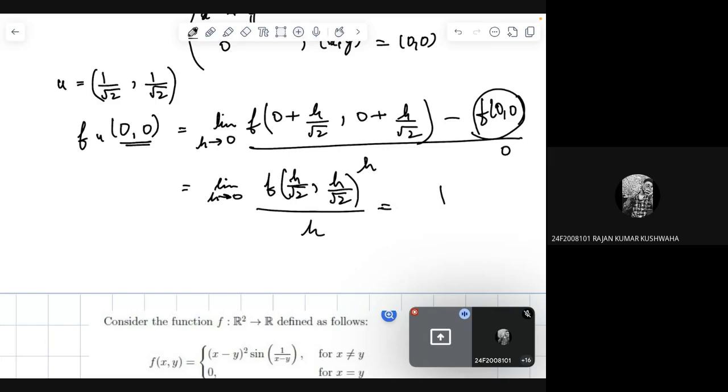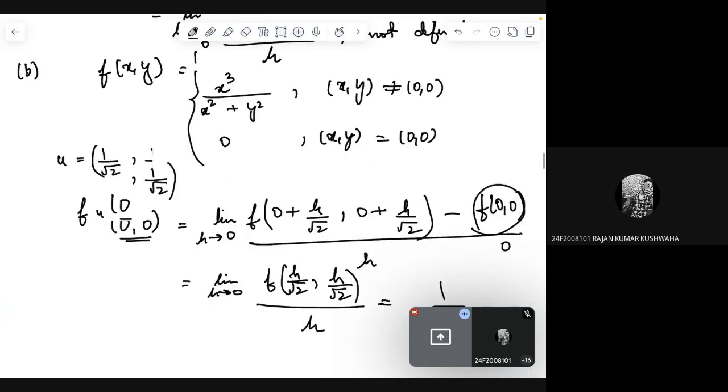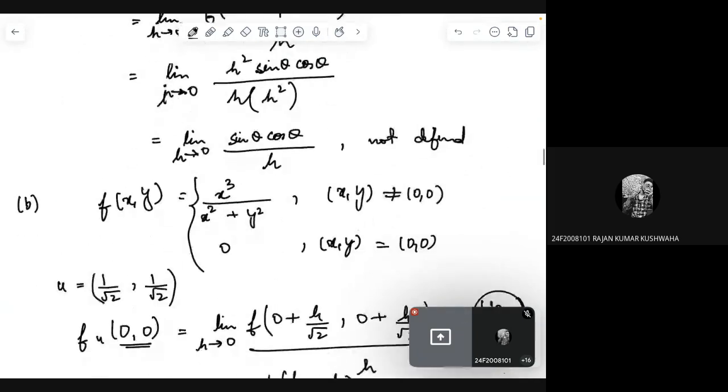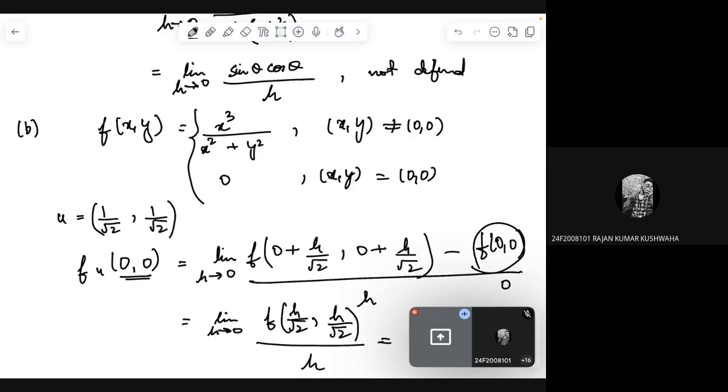And you can solve it and see that you just have to put the values here. Where is the example? Yeah, this is the example. Just put the values of u1 and u2 for x and y and solve it, and you're going to see that the directional derivative is going to exist.